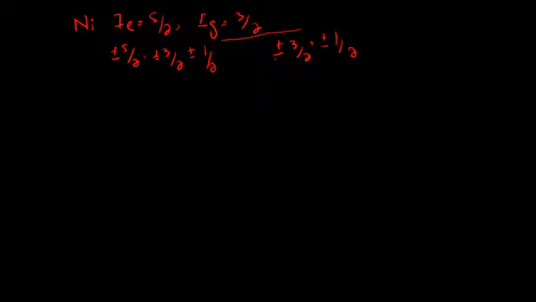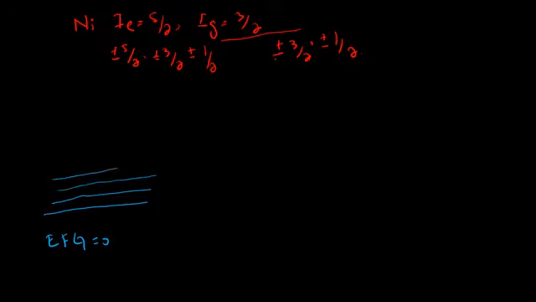Now we draw the two cases here. First, the electric field gradient is equal to 0. Here the ground state will be like this one. It is 4-fold degenerate, with plus minus 3/2 and plus minus 1/2.